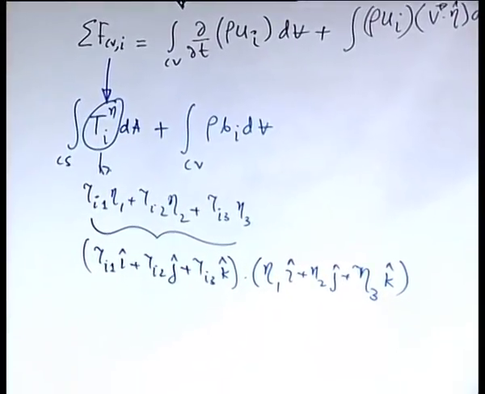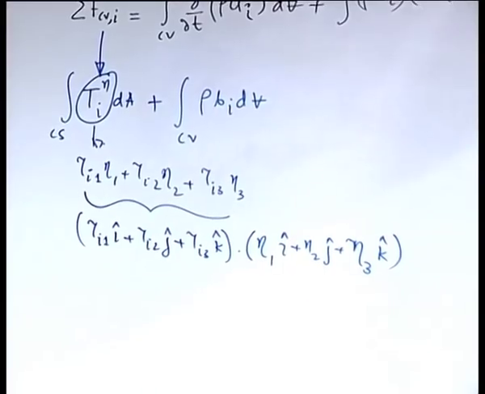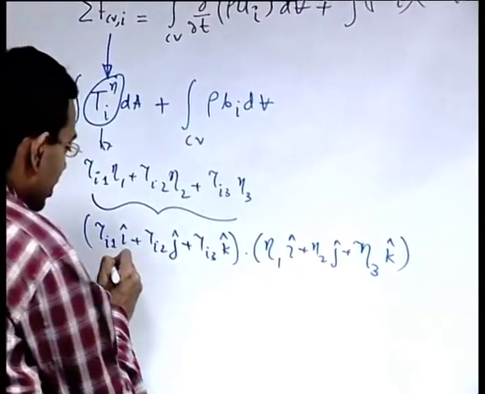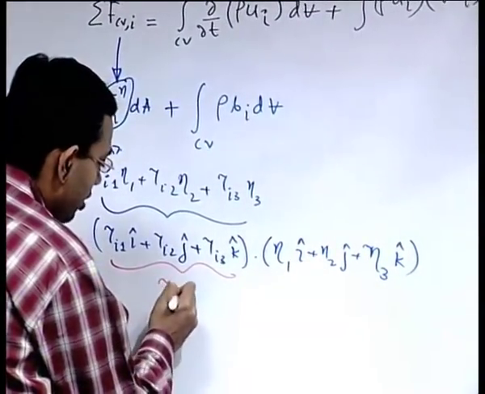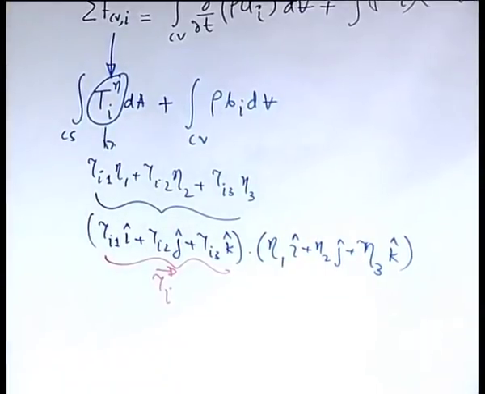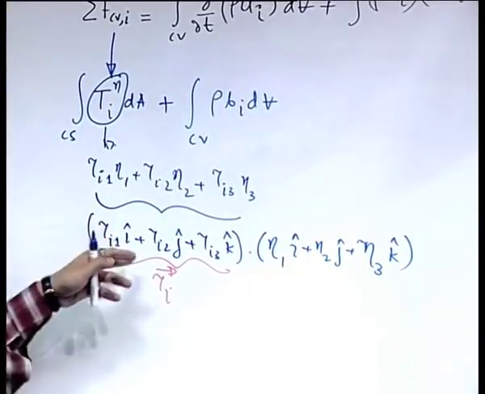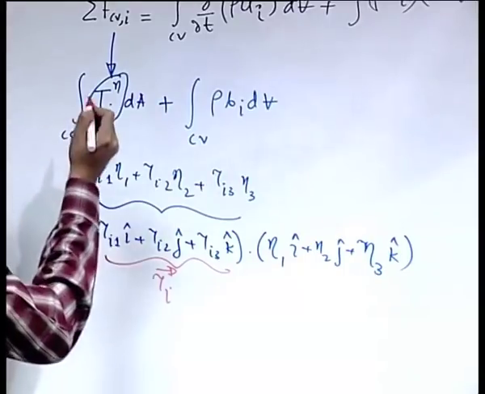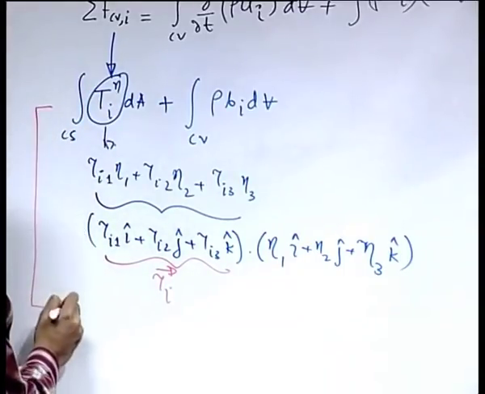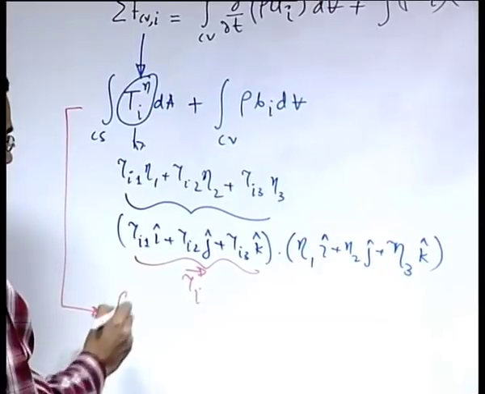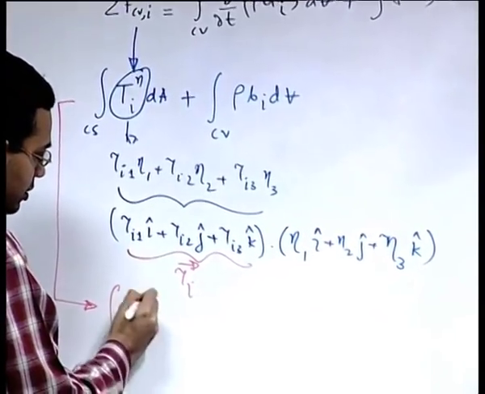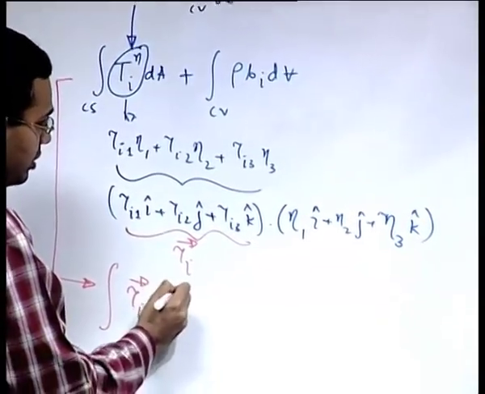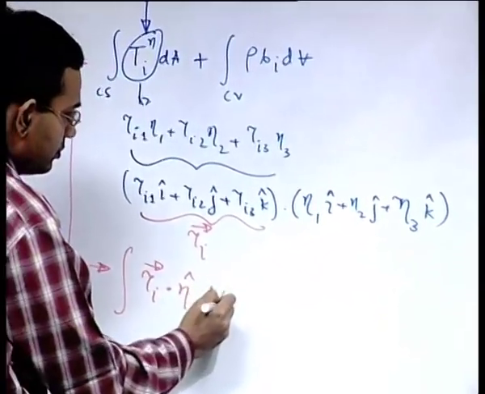So, this is the first vector, let us give it a name, vector tau i. This is just a name that we are giving, which has components tau i1, tau i2 and tau i3. Keeping that in mind, we can express this as the integral of tau i dot eta dA.